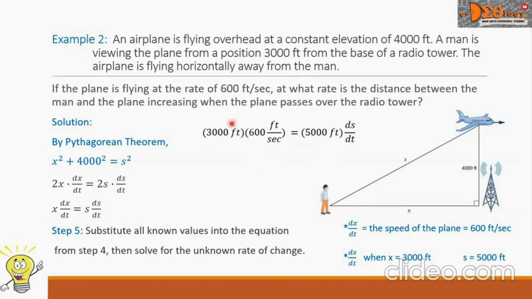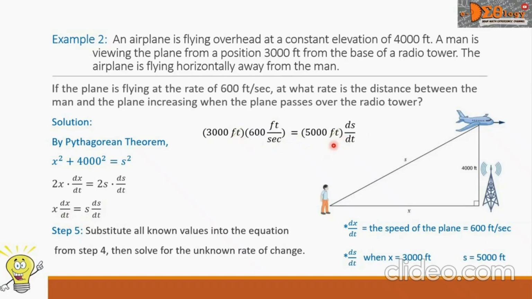So the x now becomes 3,000 feet, the dx over dt is the 600 feet per second, equals the value s, which is now 5,000 feet, times ds over dt. Simplify further by cancelling the unit of feet on each side of the equation.